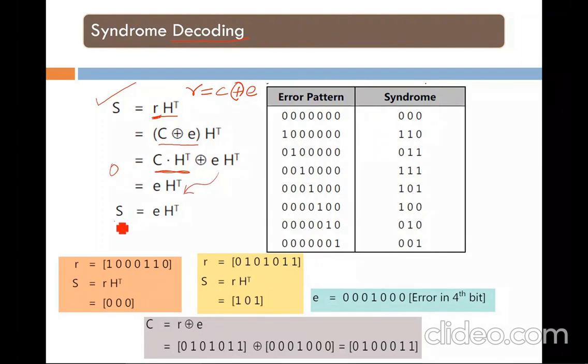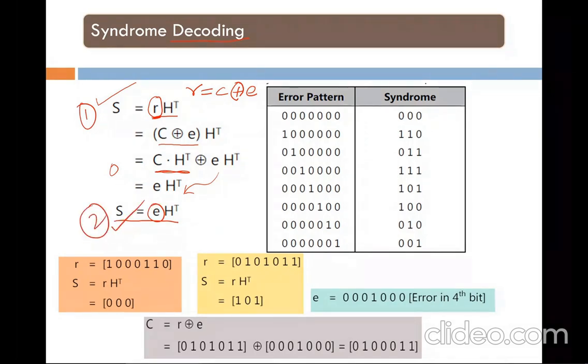So we get this equation of syndrome calculation in terms of error. We already have the first equation to calculate the syndrome, in terms of the received code word, while another equation for the syndrome is derived as E into H transpose, that is error into H transpose. So we have these two equations to calculate the syndrome.